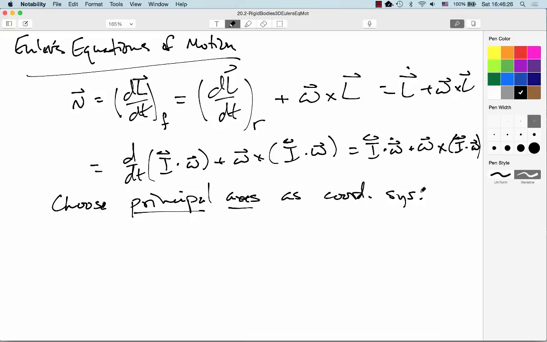Doing that allows us to express our moment of inertia tensor as just elements down the main diagonal and zeros everywhere else, where our I1 is I11, our I2 is I22, and our I3 is I33, in analogy to what we developed earlier.